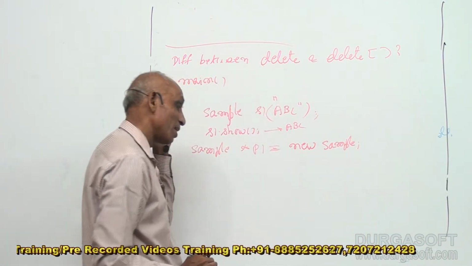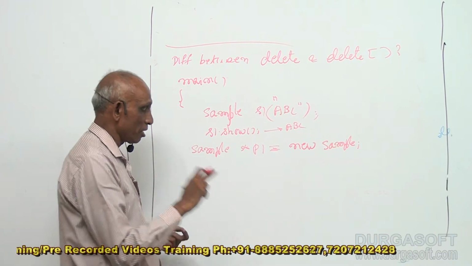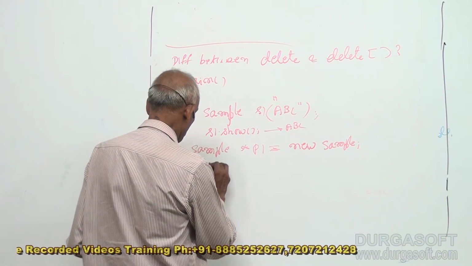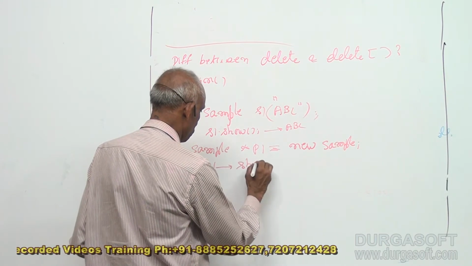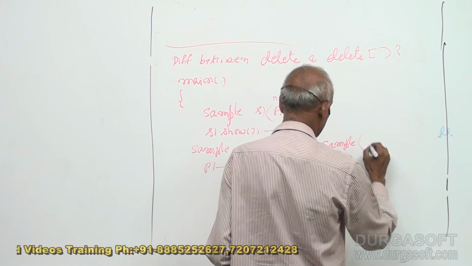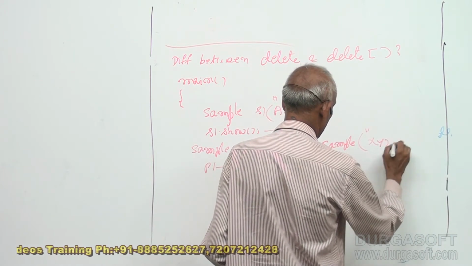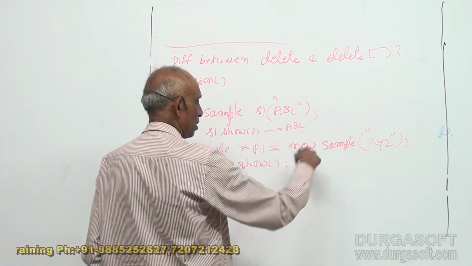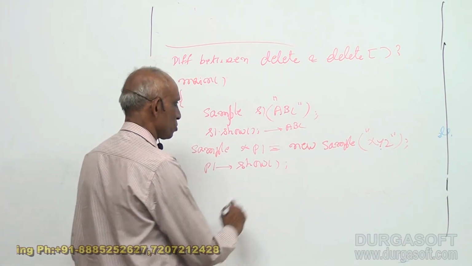That means one sample object is dynamically allocated and assigned to P1. Now P1 show. Okay, I can assign here also XYZ. This is copied, this is initialized. So it will show XYZ.